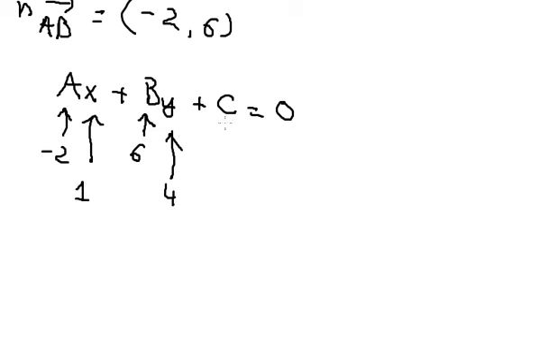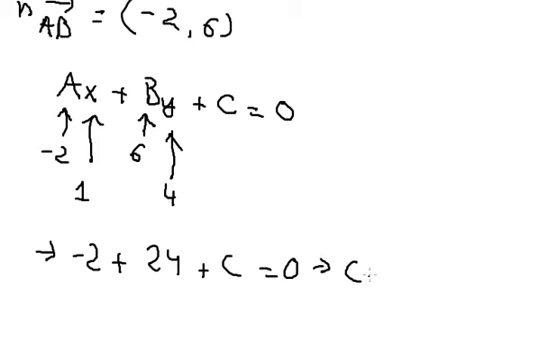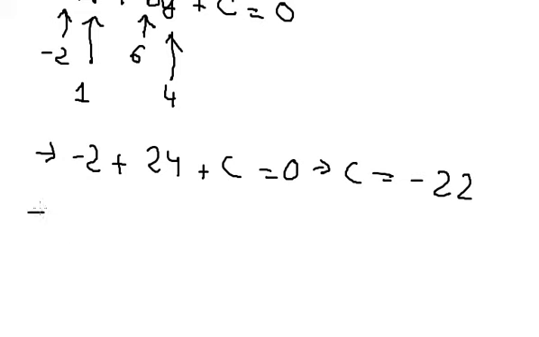To find the value of C: negative 2 plus 24 plus C. So C in here is negative 22. And now we have negative 2x plus 6y minus 22.